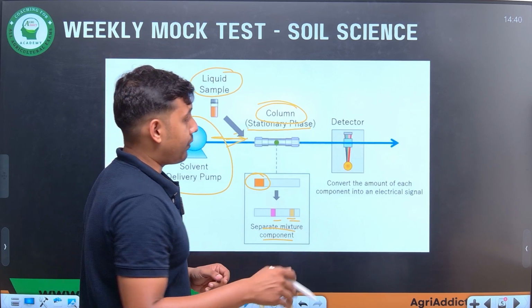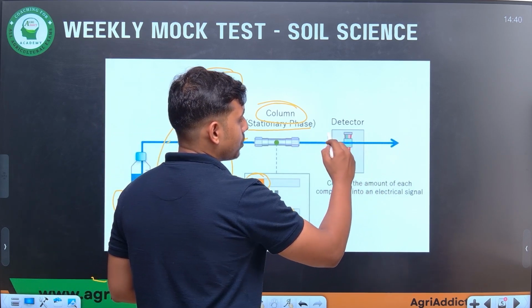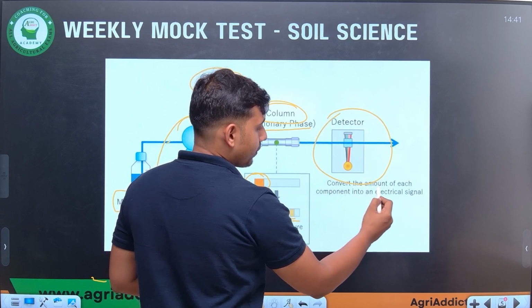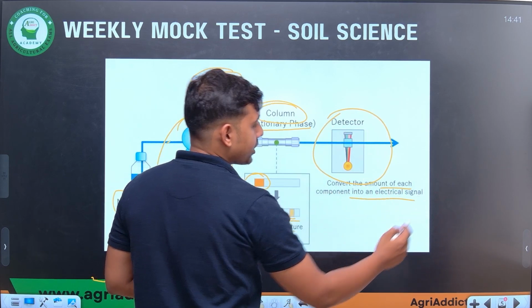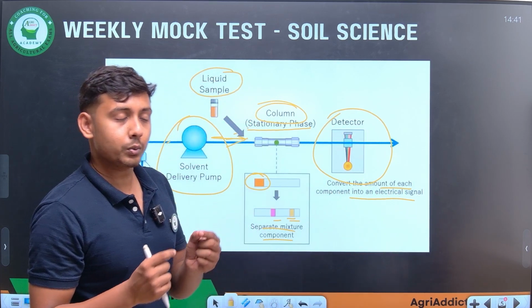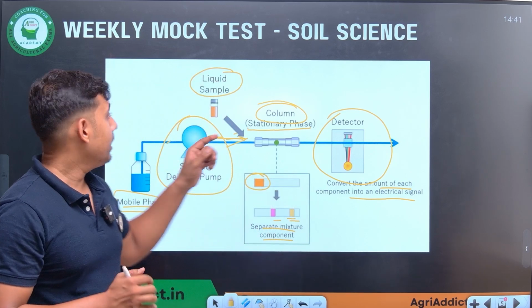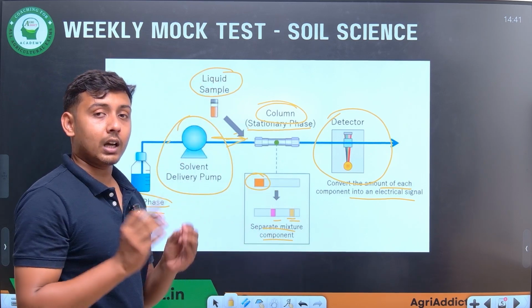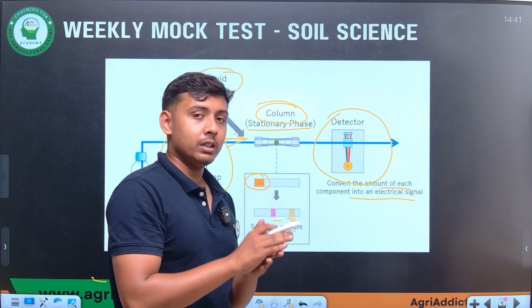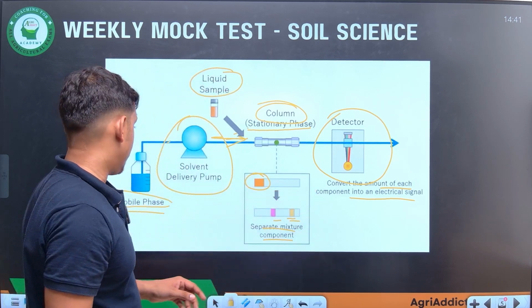After that these are passed through a detector. This converts the amount of each component into electrical signals. By the electrical signals we can identify which component was there in the liquid sample, and also the amount of that component and its percentage or ratio.